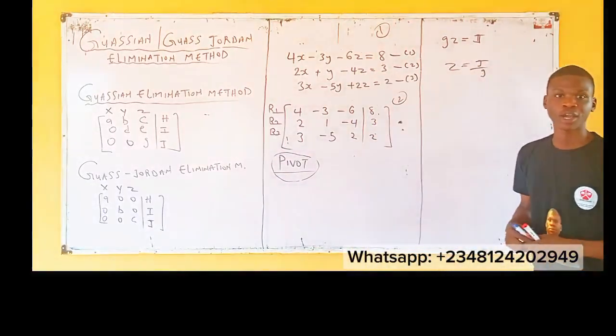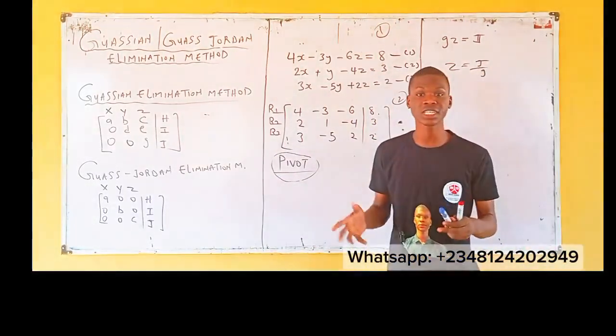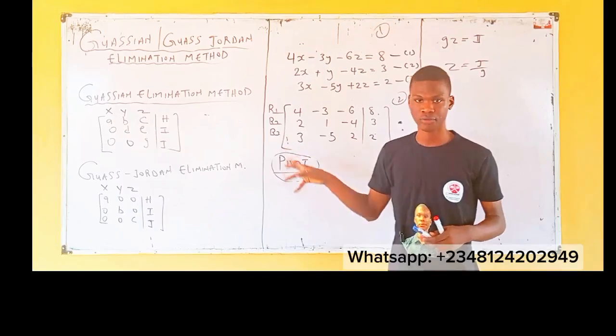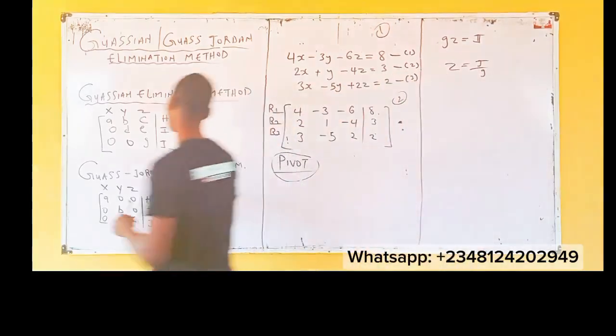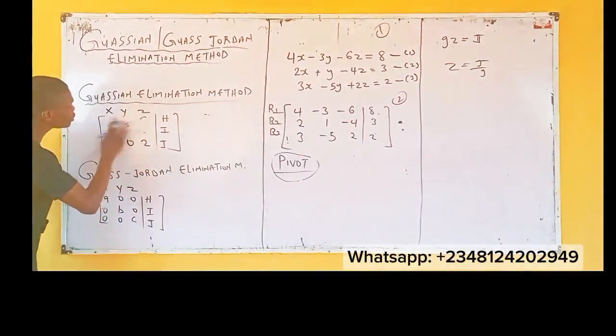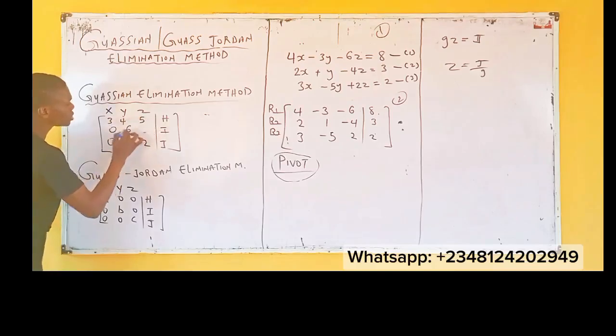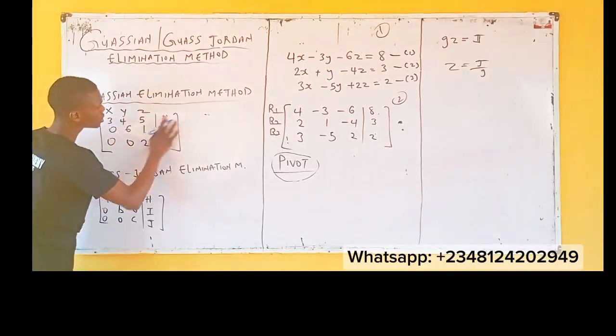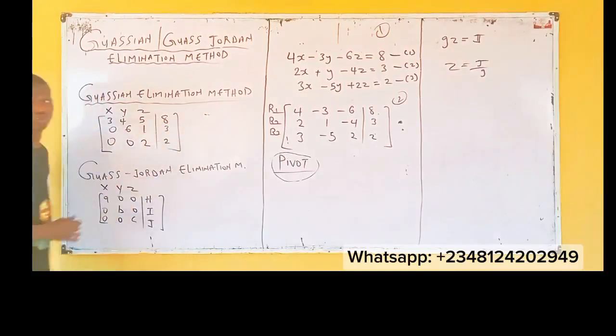Are you getting me? Or to make it easy, let me use numerical values. Let's say from here we have 2. This is 3, this is 4, this is 5, this is 6, this is 1, this is 8, this is 3, this is 2.